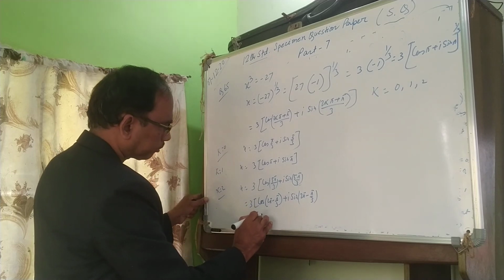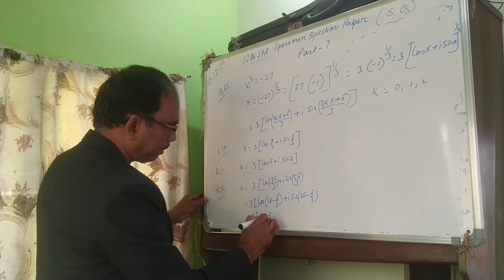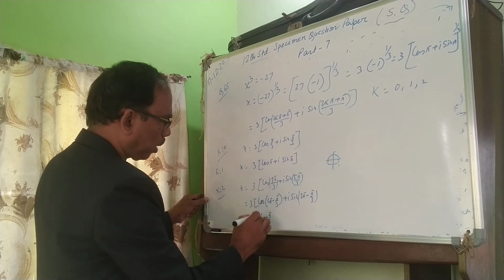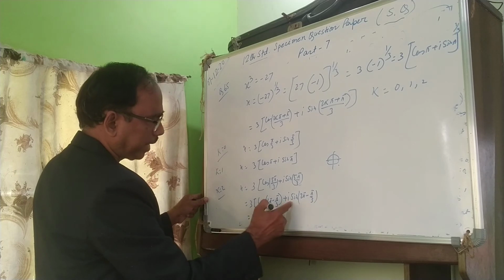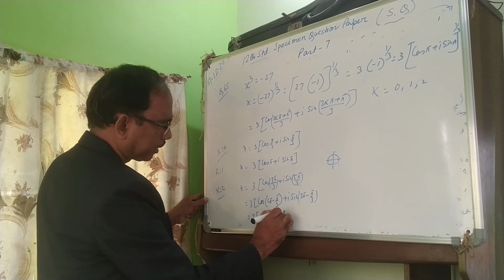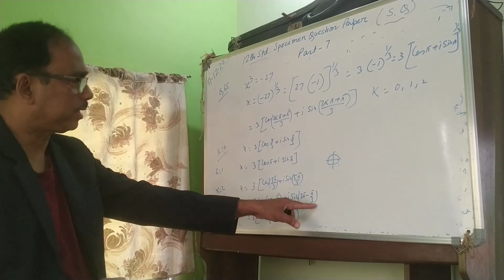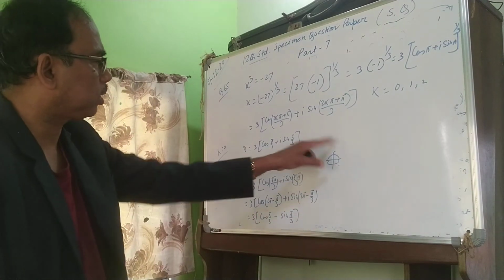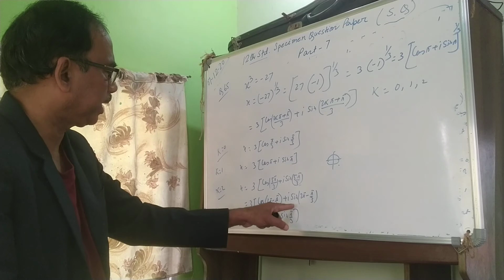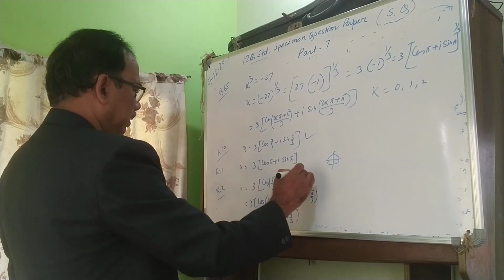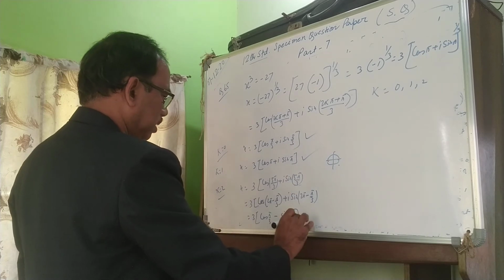That is cos pi by 3, since 2 pi minus pi by 3 is in the fourth quadrant, cos is positive, sin is negative, that is minus sin pi by 3. Because in the fourth quadrant, sin is negative, that's why minus. So this is one solution, this is second solution, this is third solution.